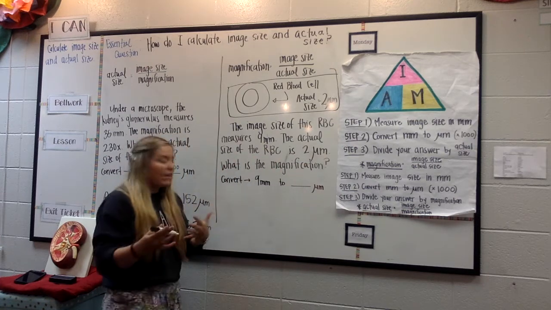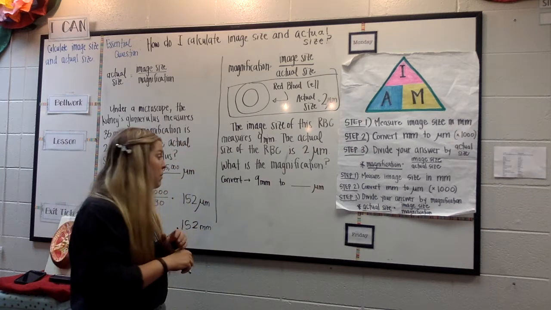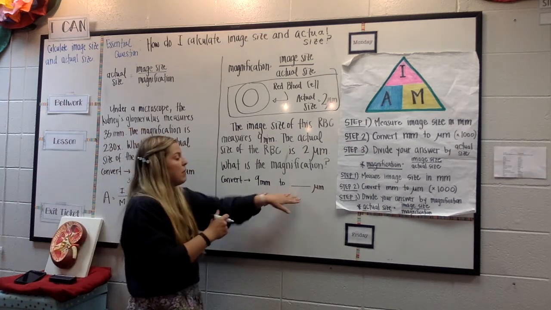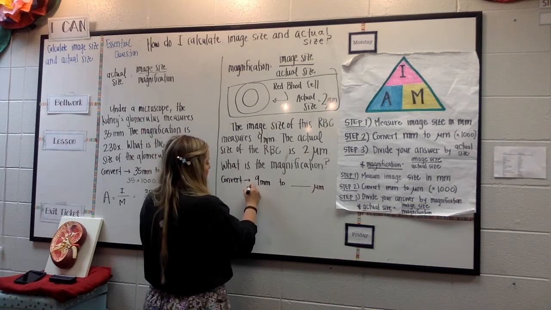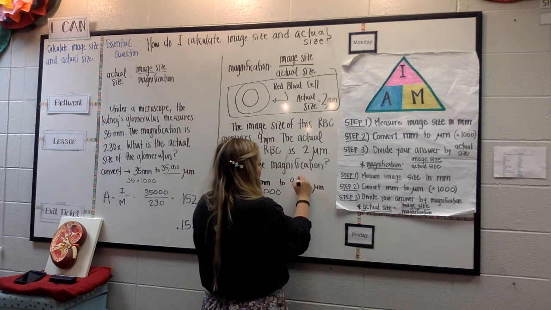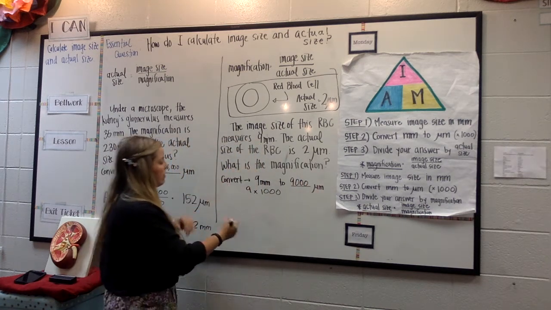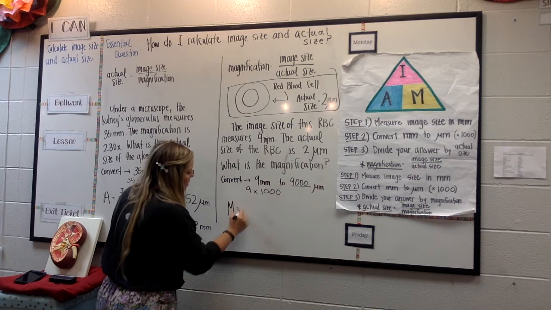What is the magnification? Now, the first thing we need to do is convert your 9 millimeter image into micrometers. So remember, we simply multiply 9 times 1,000, okay, which gives us 9,000. All right, now we are simply solving for magnification. I'm just going to say M equals.